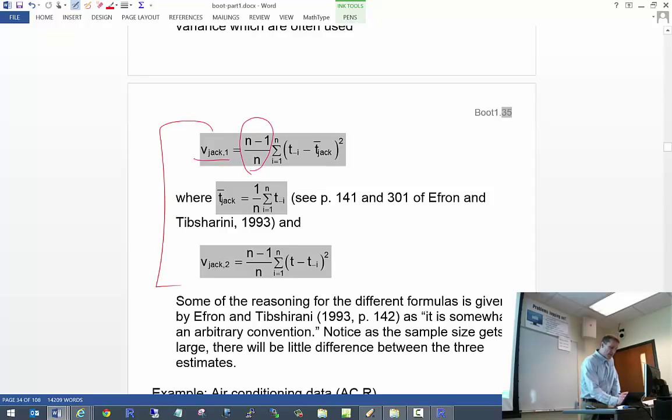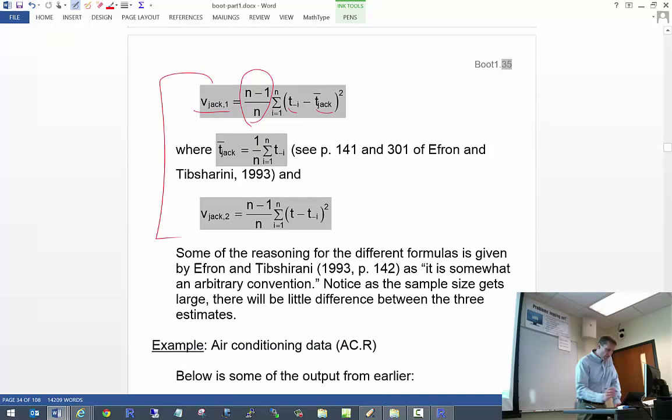Then in the summation, we have t sub negative i minus t jack bar, which is simply the average of all the t sub negative i's. If you just look at that, intuitively you can think it'll probably be something similar to what we were calculating before. And it is. That's presented in Efron and Tibshirani's book. Another estimator that's typically used, I call it VJAC2, is exactly what VJAC is, except we have just n minus 1 over n in there instead.